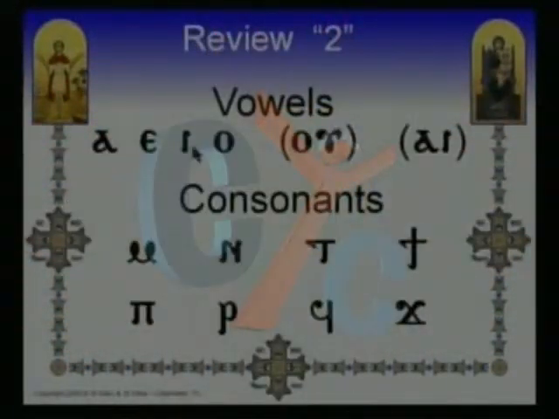As we said, these are the vowels, the A, E, O, and then the combination of these two letters gives you the vowel sound of oo. Also, if this iota comes after or before another vowel, it's pronounced like the English Y. So alpha and iota would be I. And these consonants look like the English ones, the me and ni.